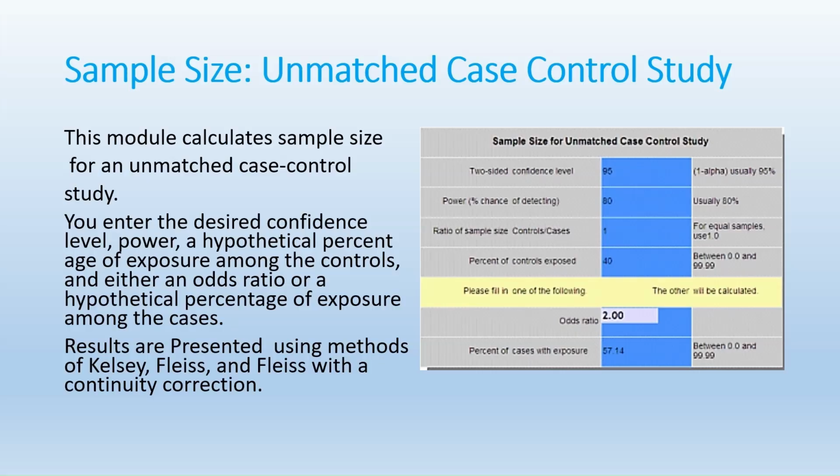You enter the desired confidence level, power, hypothetical percentage of exposure among the controls, and either an odds ratio or a hypothetical percentage of exposure among the cases. Results are presented using Mantel-Haenszel, Kelsey, Fleiss, and Fleiss with a continuity correction.